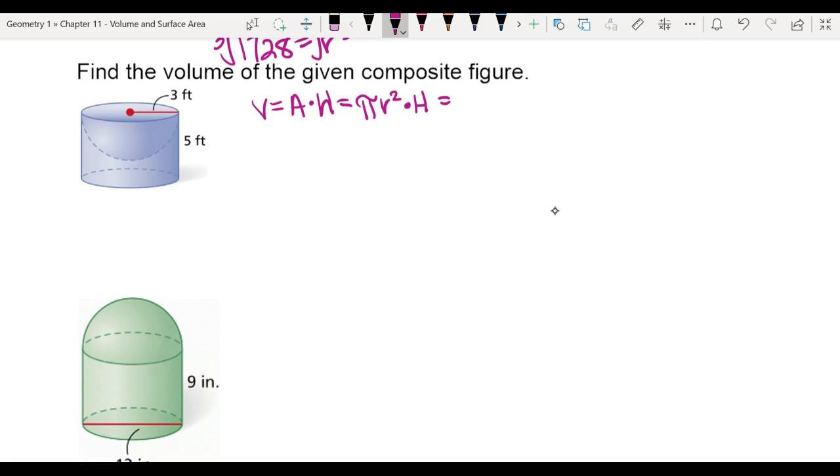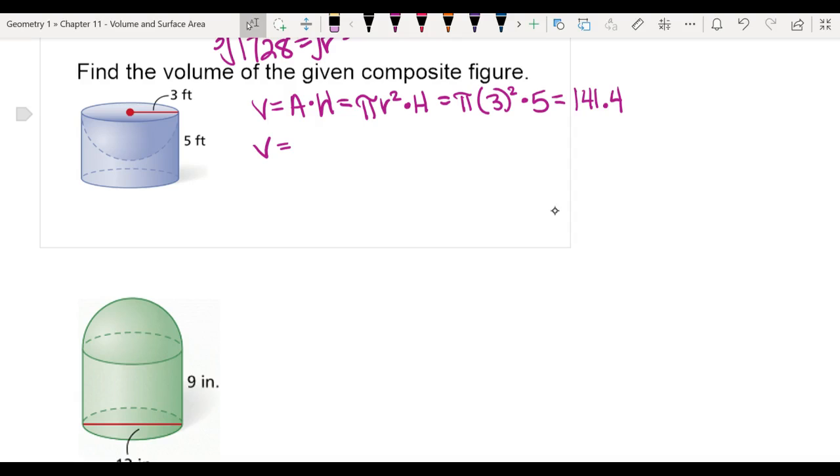What is the radius of our cylinder? Should be 3, right? So you're going to do pi times 3 squared times 5. I am going to use the pi button on this. Okay, so I'm going to do pi times 3 squared times 5, which gets me 141.4.